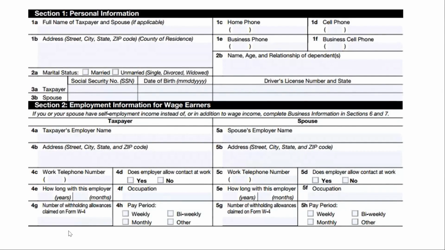Employer information. The main thing that I want to talk about here is block 4D and 5D. Does employer allow contact at work? I have never, ever, ever bothered to ask a client that question. Simply check the no box. Assume it on behalf of your client.